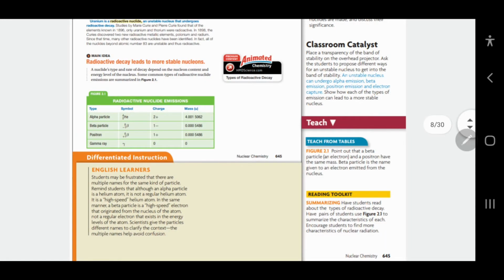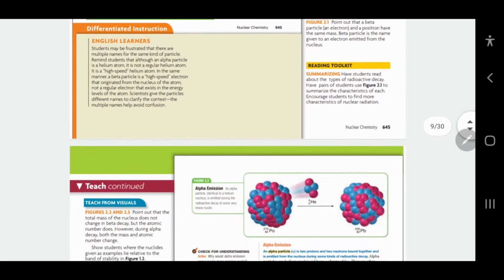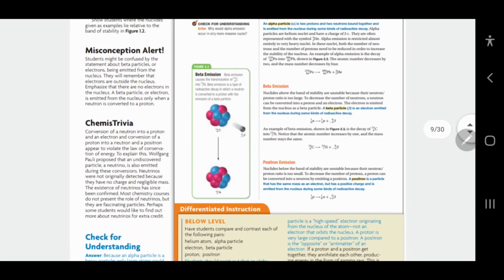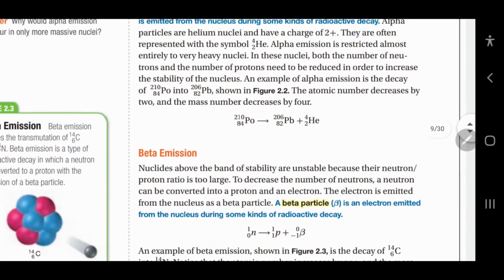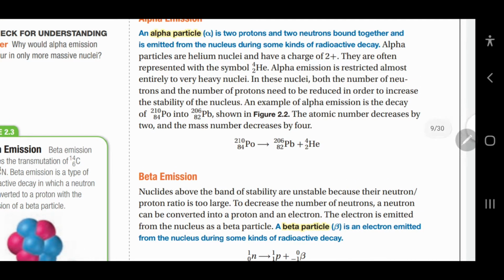Now, if we're going to take some examples, for example here, polonium goes through transmutation by releasing alpha particles or helium, and polonium will be converted to lead with a lower atomic number. So releasing of alpha particles will decrease the atomic number.